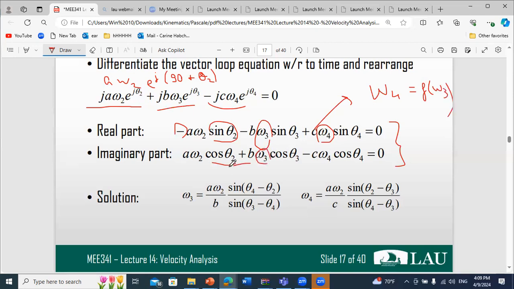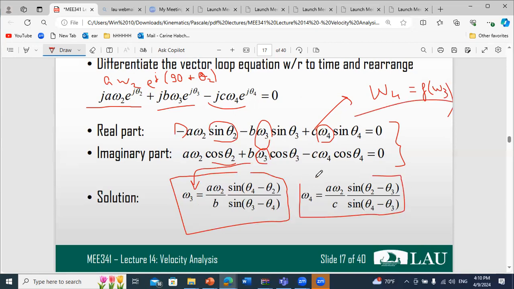And when you solve for the expression of omega 3 by substitution, you will get the following solution. It's A omega 2 over B, sine(theta 4 minus theta 2) over sine(theta 3 minus theta 4). While for omega 4, once you get omega 3, you substitute back in this relation, you get the value of omega 4. And as you can see, omega 3 and omega 4 will be affected by the value of omega 2, which is given. This is theta dot 2.